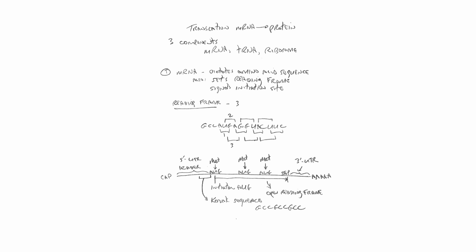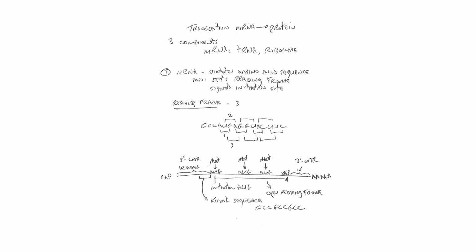So first of all, the reading frame. If you take any nucleotide sequence and you choose a set of 3, you can call that a codon. And then the next set of 3 would be the next codon, and the next set of 3 would be the next codon. Well, if you look at what I've drawn here, I have a sequence, GCC, AUG, AGG.